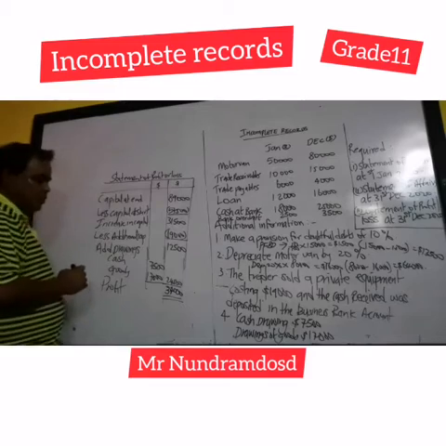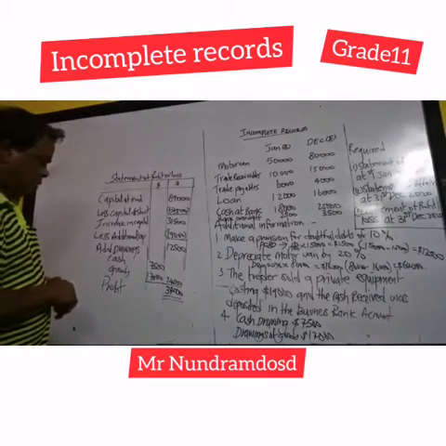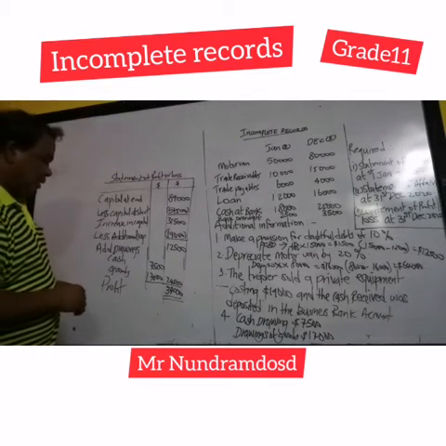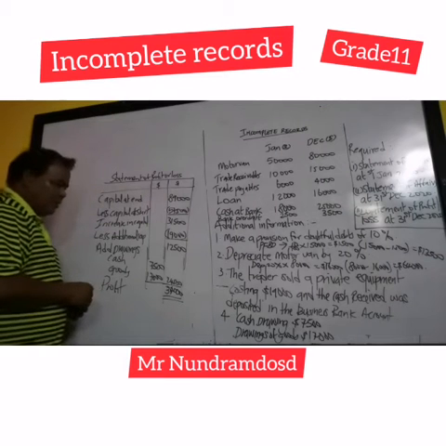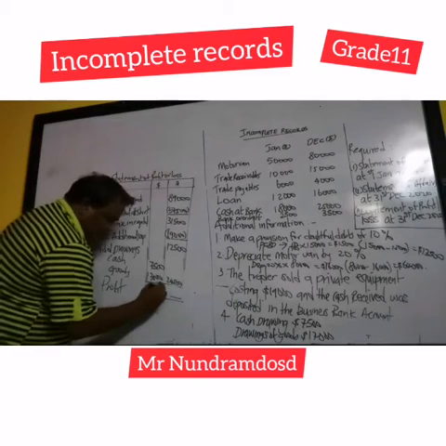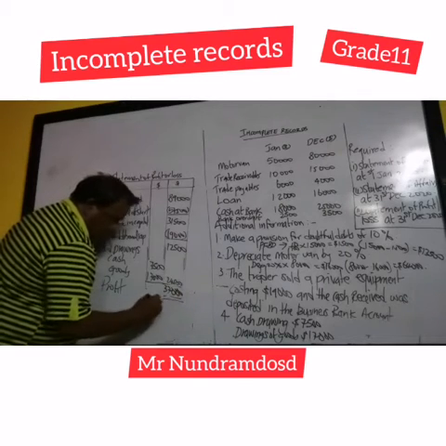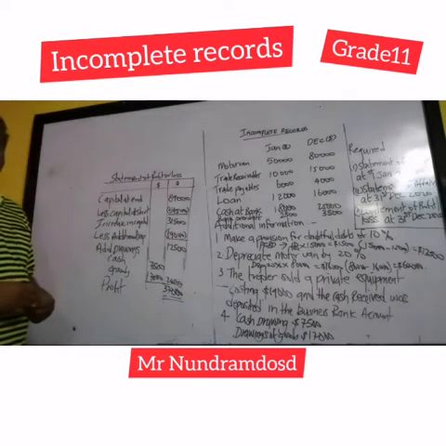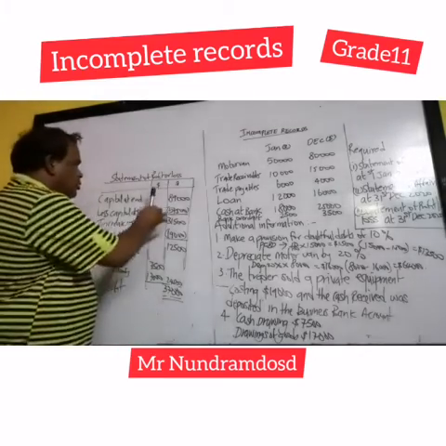Okay? This will give us 37,000. This is 37,000.